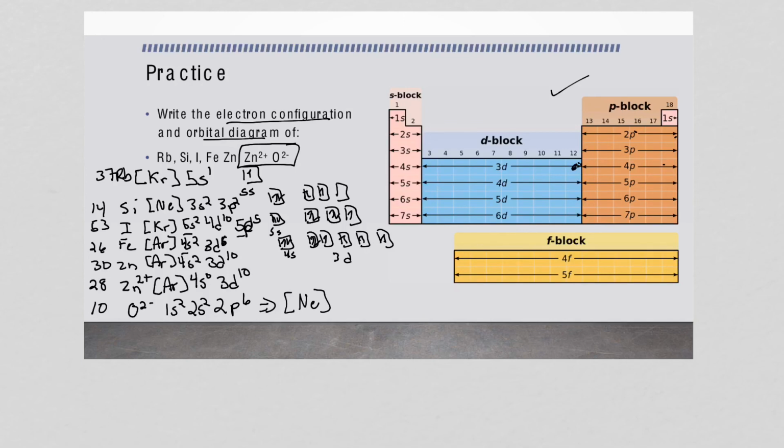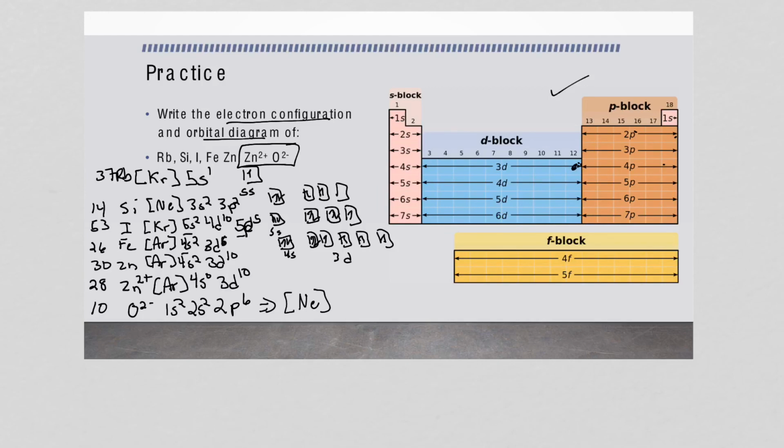All right, so those are a little bit of practice, and the more you do this, the easier it is. But again, if you follow the order, either using the periodic table or using one of those graphical tables that we showed, it's just a matter of filling up the orbitals as you go.